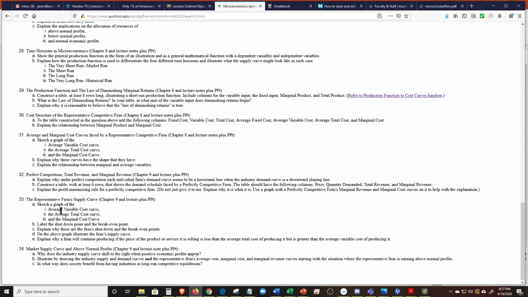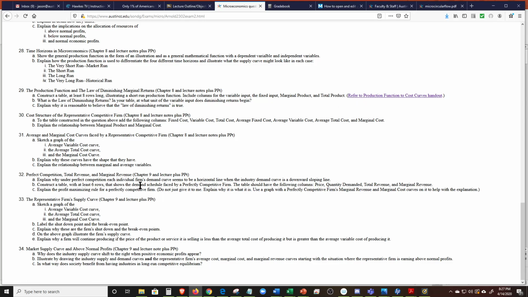We need to sketch a graph of the average variable cost curve, the average total cost curve, and the marginal cost curve. And this is a repeat of 31, which we did by going through a spreadsheet in which I constructed the cost curves from a production function.